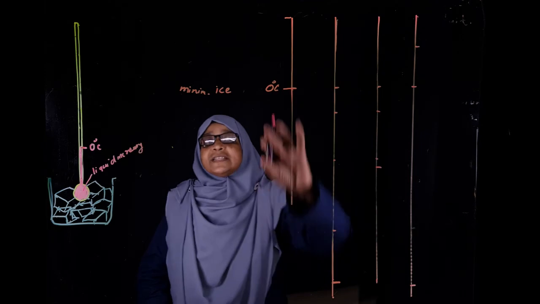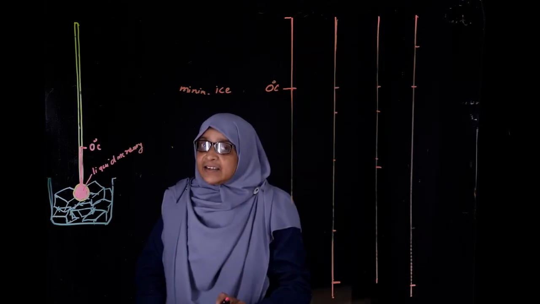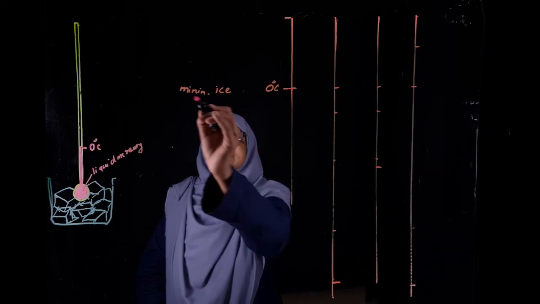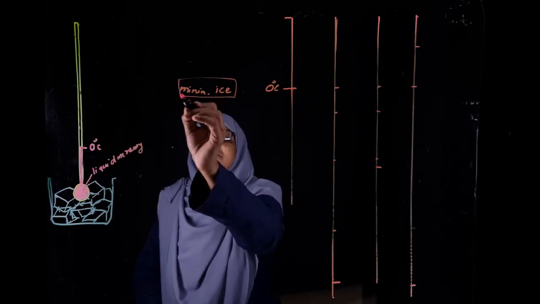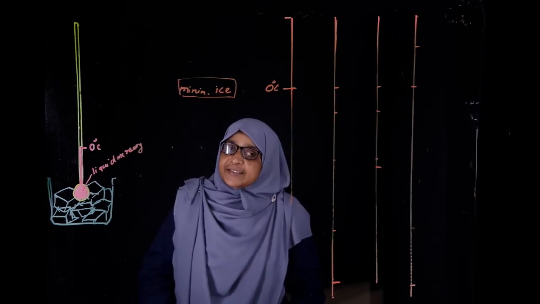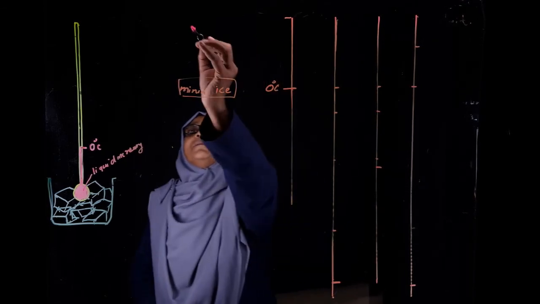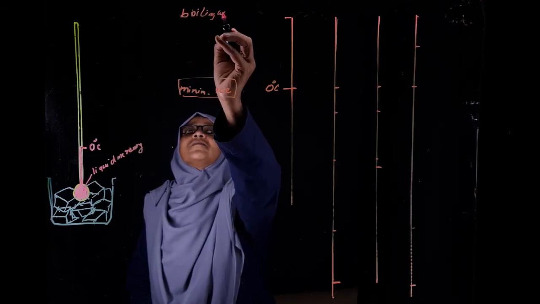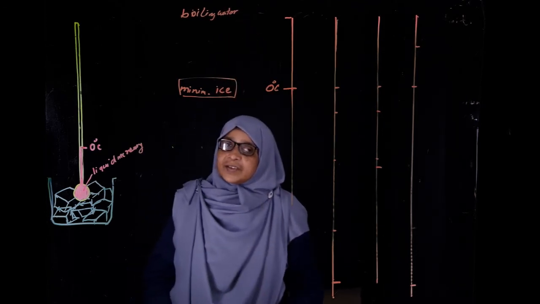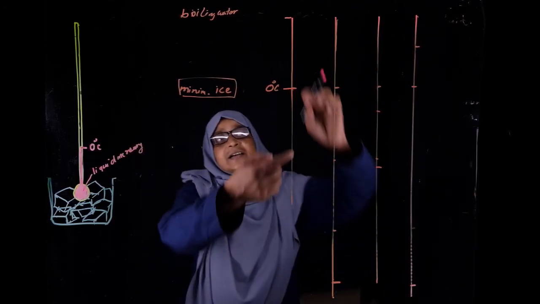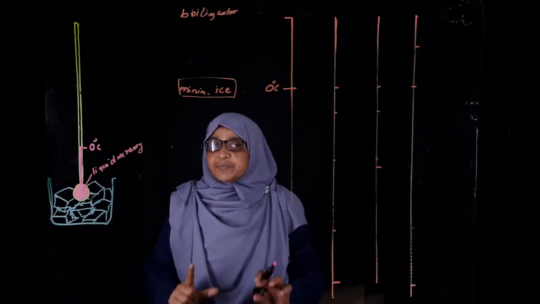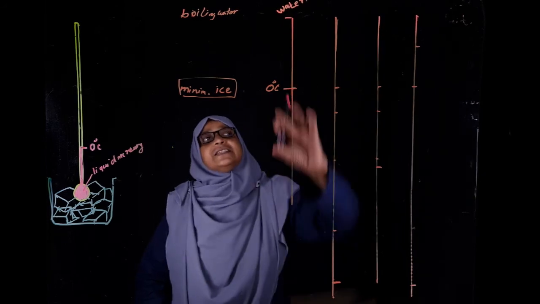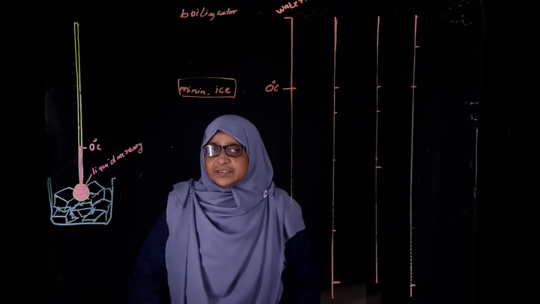When forming the Celsius scale, they considered the minimum fixed point as the melting of ice and the maximum as the boiling of water. So, considering the fixed points using water, the Celsius scale was formed.